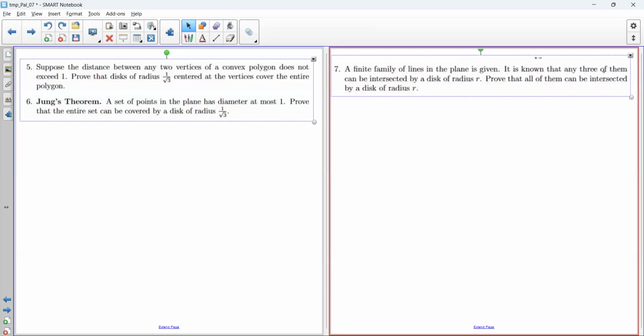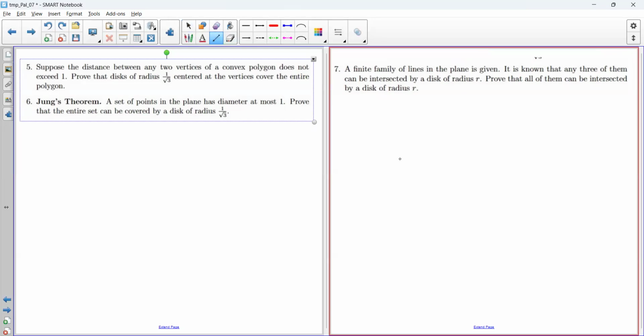Actually, that would be the topic of the extreme element approach, which we discussed for half of the class already. So it was something we already discussed. Find the family of lines in the plane is given. It is known that any 3 of them can be intersected by a disk of radius r.